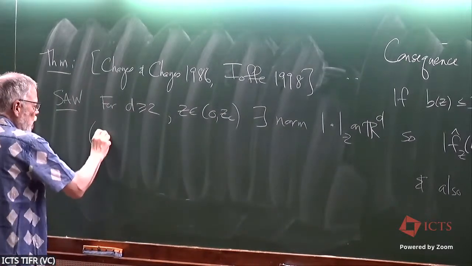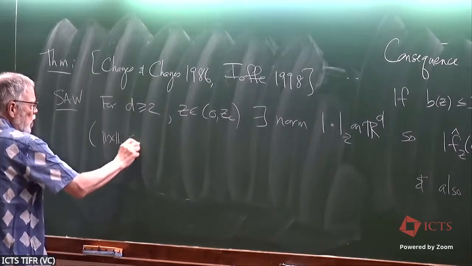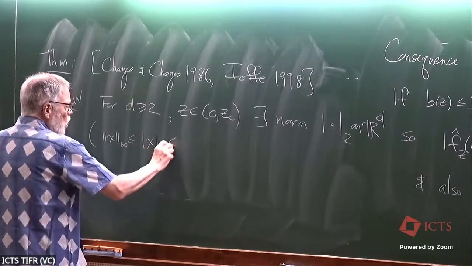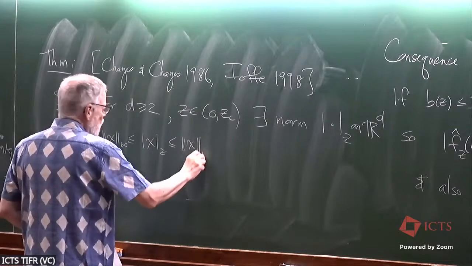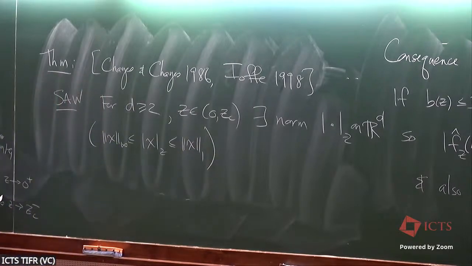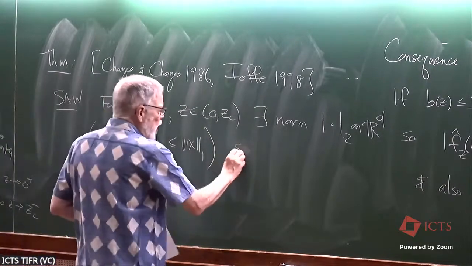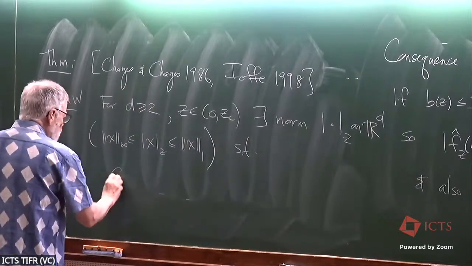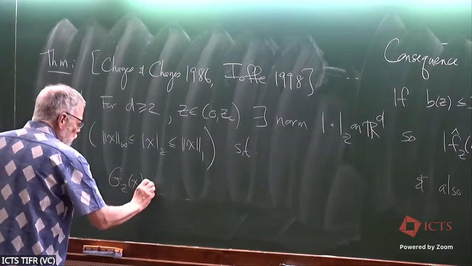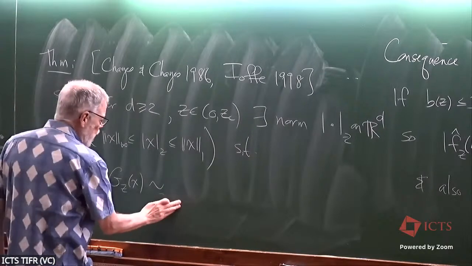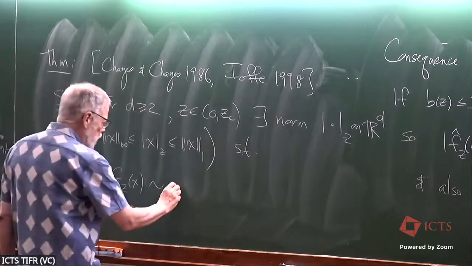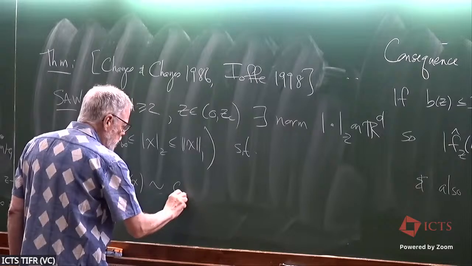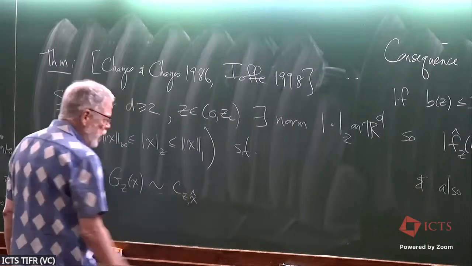Actually, that norm is something in between the infinity norm and the one norm, such that G_z(x) is asymptotic as x goes to infinity to some constant that depends on z and the direction of x.